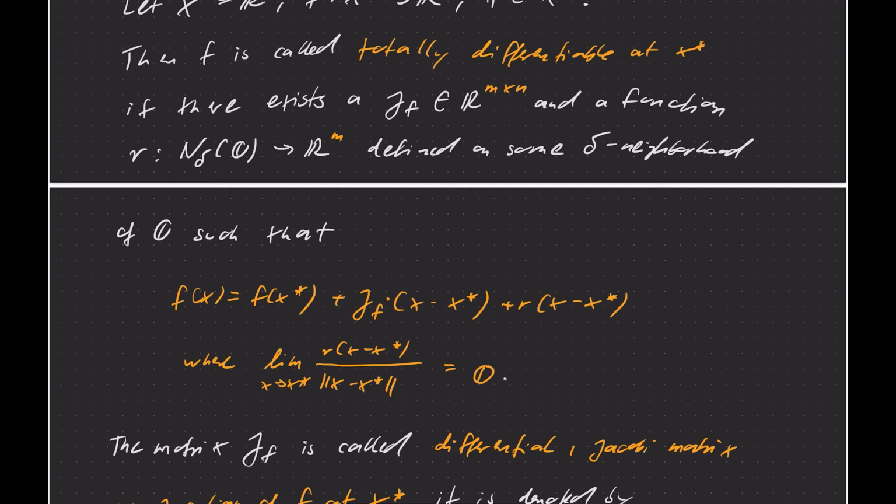Now this Jf for m equals 1 is formally a 1 times n matrix, so that vector needs to be a row vector. And that's why I insisted on the differential being a row vector, whereas the gradient is usually written as a column vector.